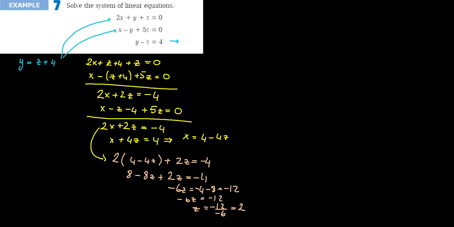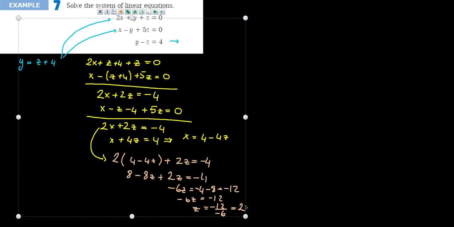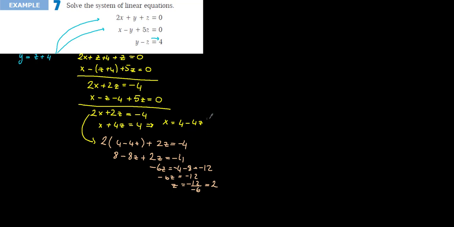When you find the z value, by unrolling the substitutions, we can easily find the y value and x value. First, I can find the x value. How?